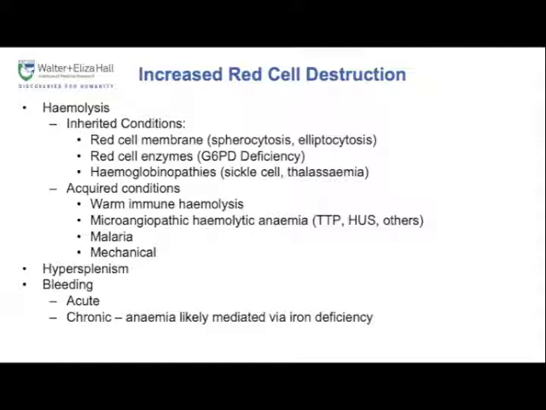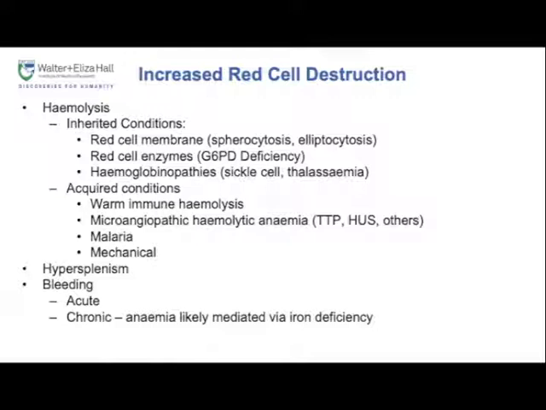You can go and Google that one later, but TTP is a disease where you have peripheral destruction of red cells due to endothelial activation, and that causes a severe anemia and thrombocytopenia. Malaria, and today there was actually a case in the hospital of a patient who returned from Uganda with 12%, so every 1 out of every 8 red cells in their blood had a parasite in them.